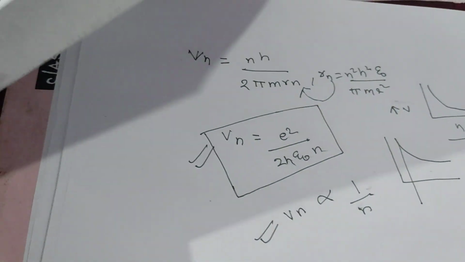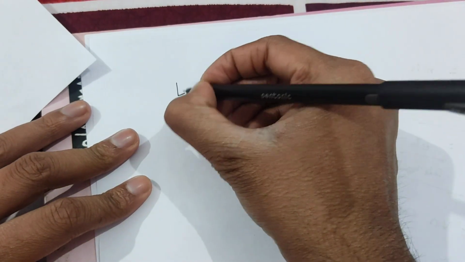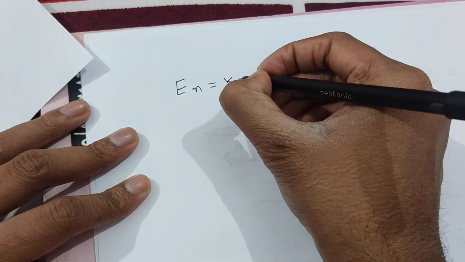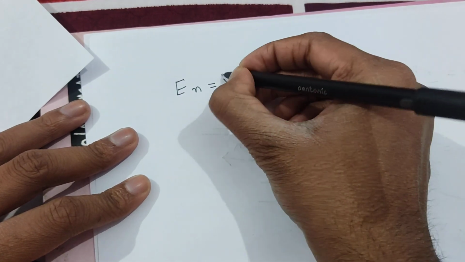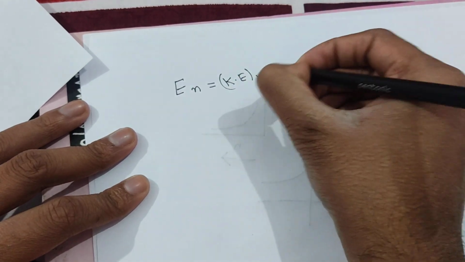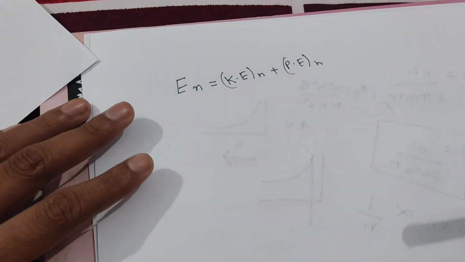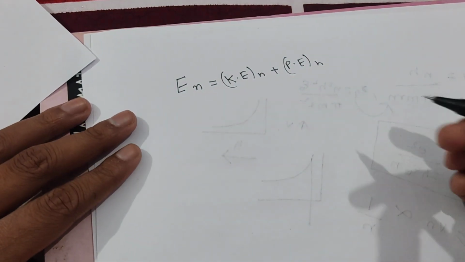For finding En, we know that En is equal to kinetic energy and potential energy. So let's go.